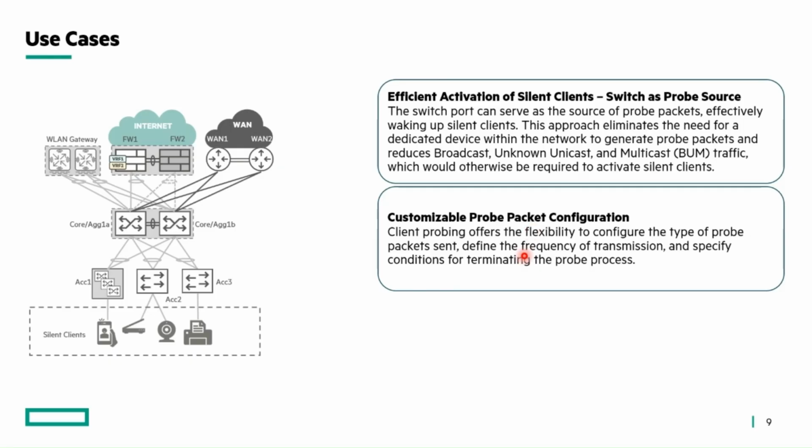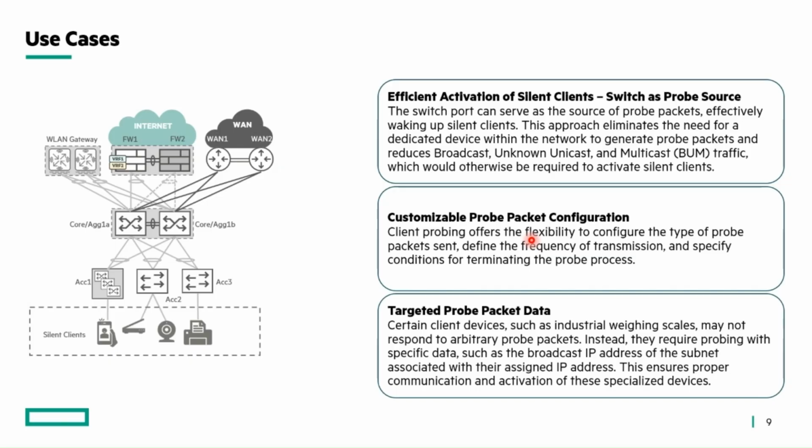Next is the customizable probe packet configuration. The probe packets can be customized, be it the type, the frequency, or when the probing has to be stopped, based on the client requirements. Also, some devices like IoT and industrial weighing scales require a specific probe type to be sent.